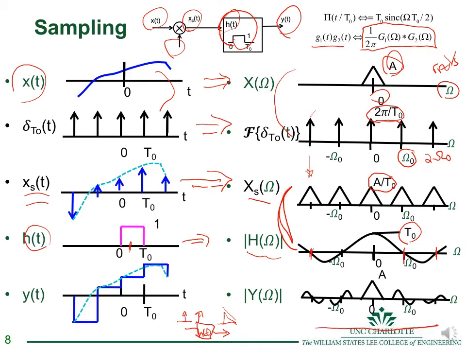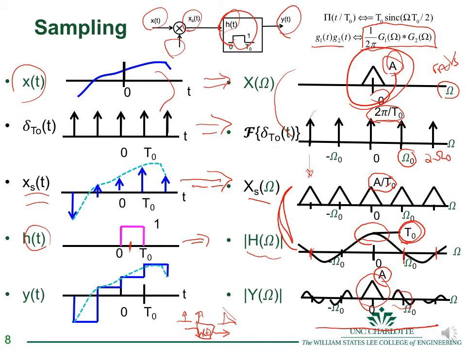One thing to notice is that this sinc function is relatively flat near zero, and so I've redrawn the spectrum in that vicinity when I multiply these two together to be approximately the same shape. The t0 peak of the sinc function cancels out the t0 in the denominator, and so I end up with a peak A. So this central spectrum looks a lot like the original spectrum above.